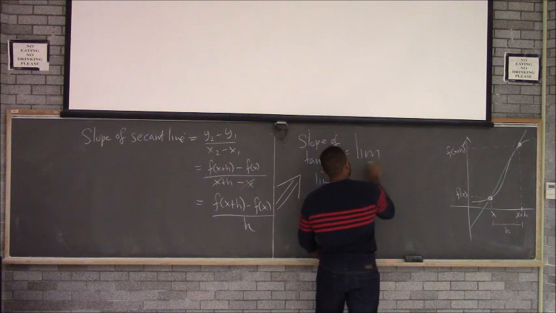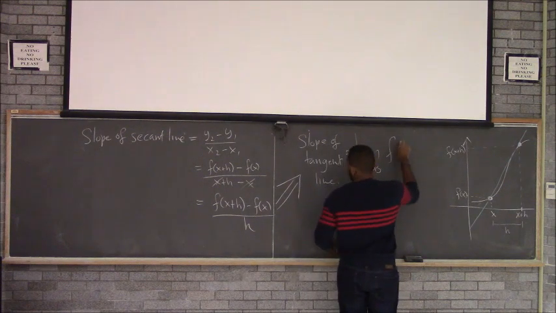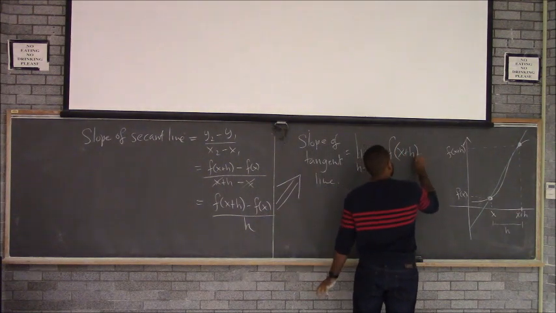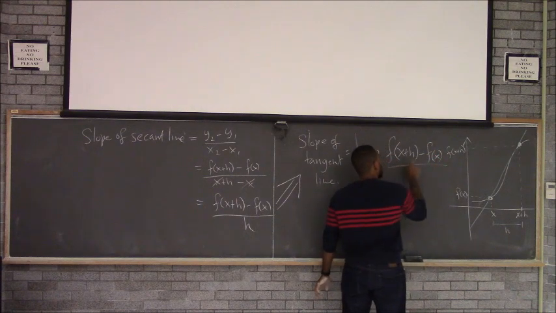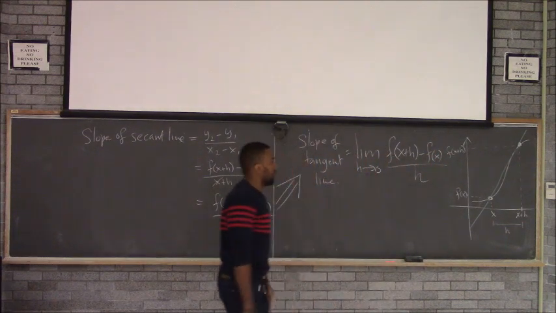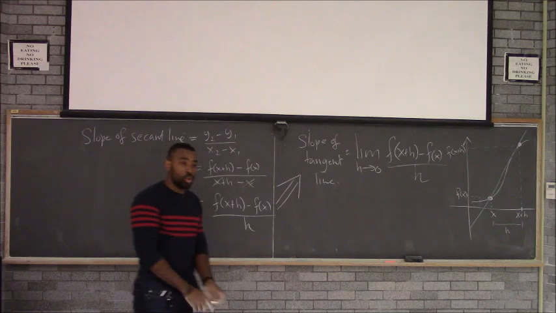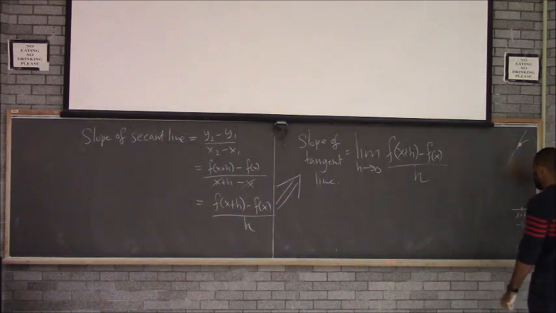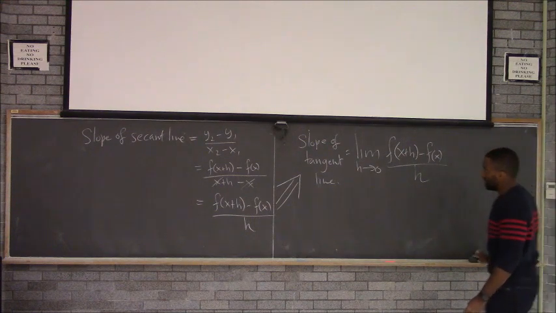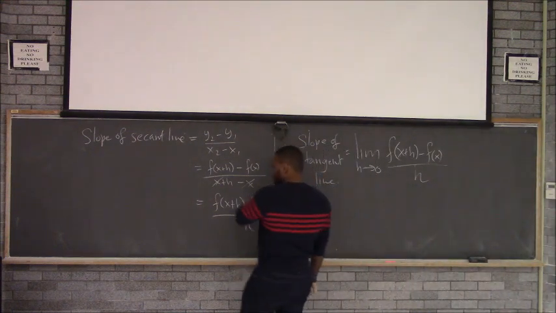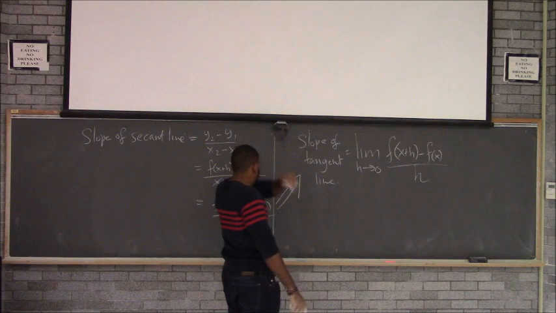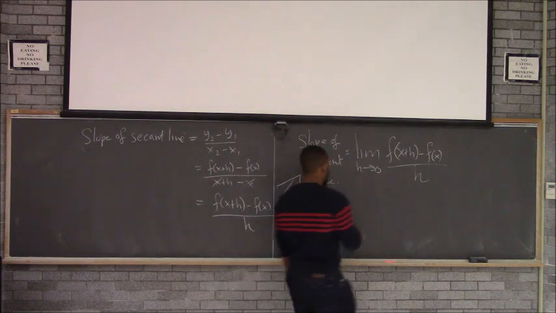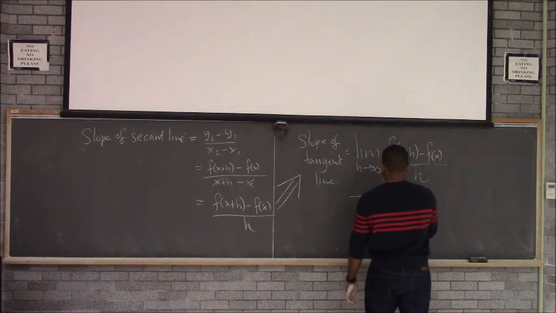Take the limit of this thing as the distance between them goes to 0. And we have the slope of the tangent line. Now, this is a very important limit.